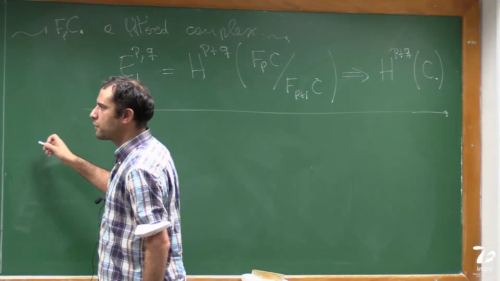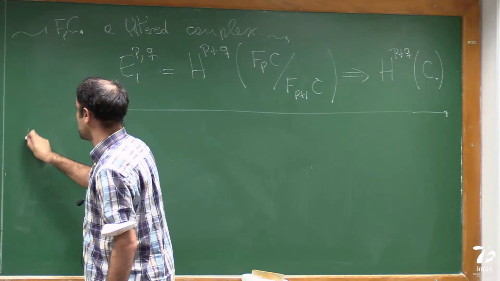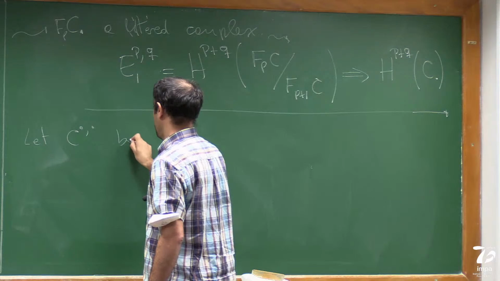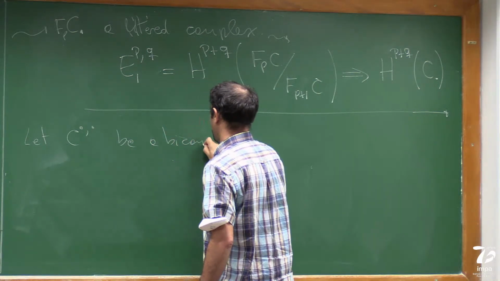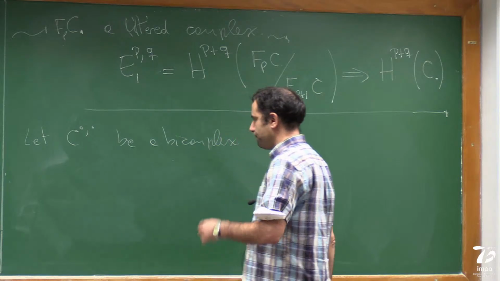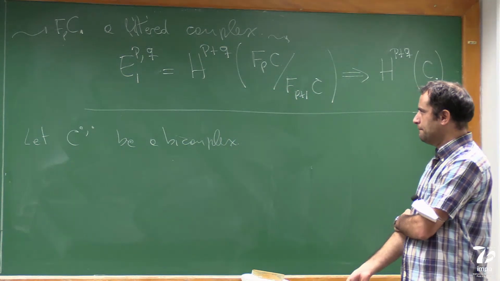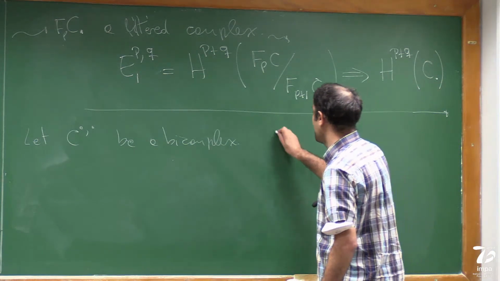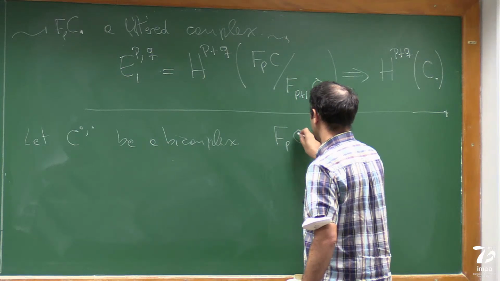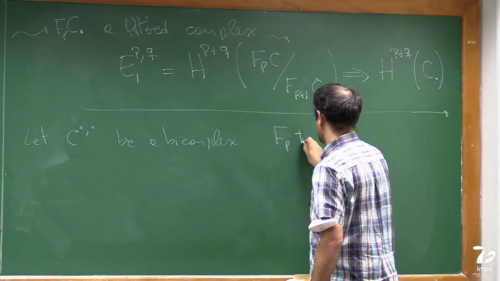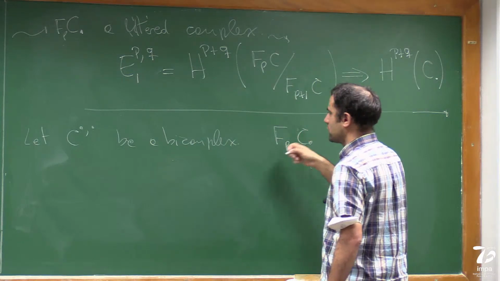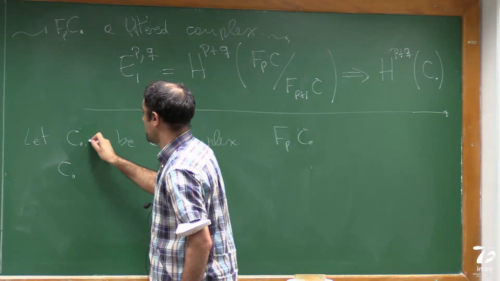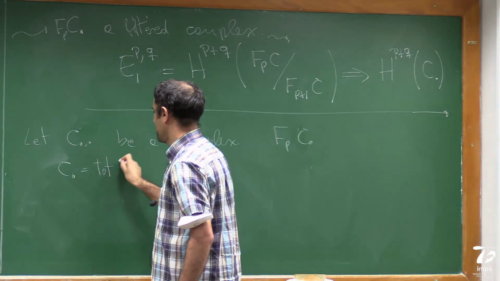So a particular case of this is the case of a bicomplex. Now let C be a bicomplex. Then I'm going to use that filtration, the filtration F^P of the total complex of C. So let me call C dot the total complex of C. It doesn't matter if it's lower.